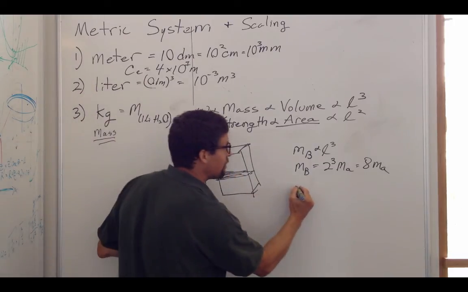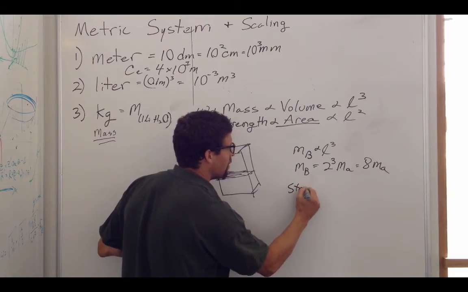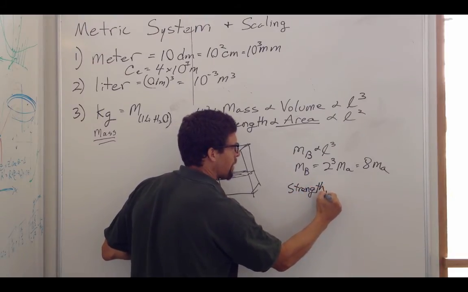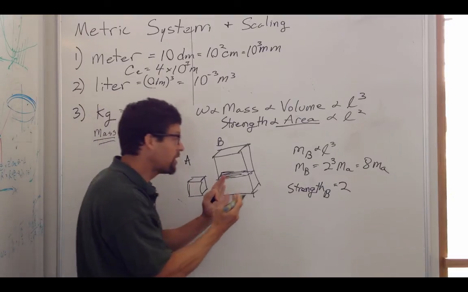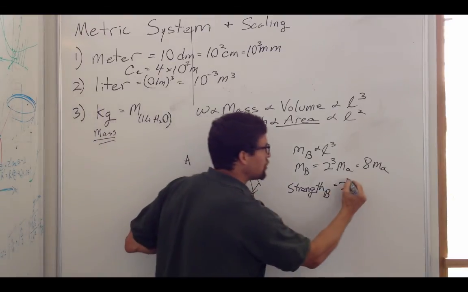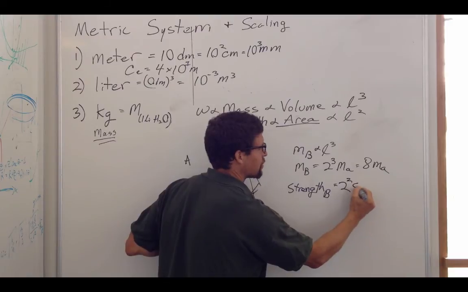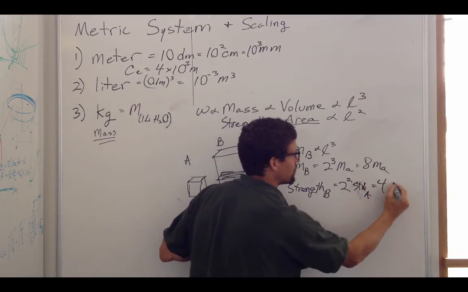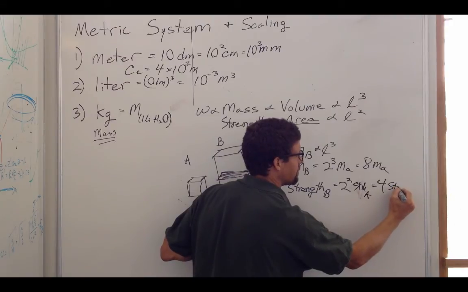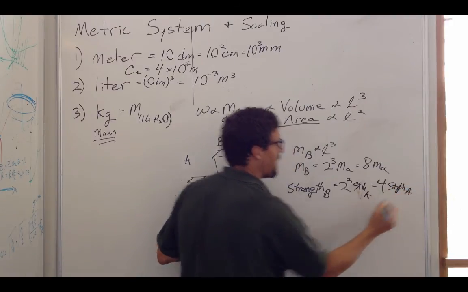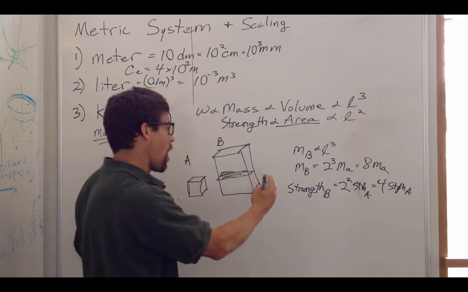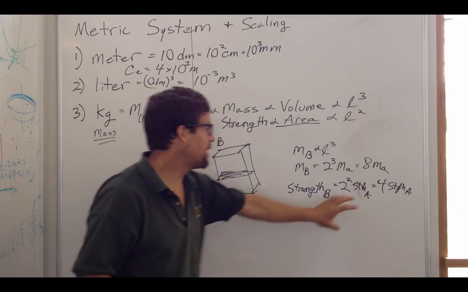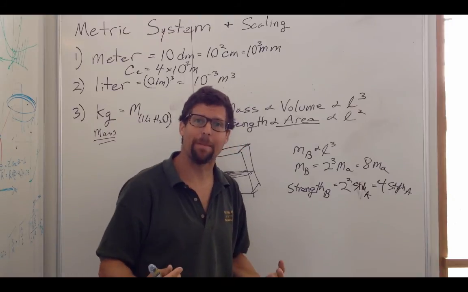And so the strength of B is proportional to the area of B, which is 2 squared times the strength of A, which is equal to 4 times the strength of A. So as things get bigger, their mass grows faster than their strength to support that mass.